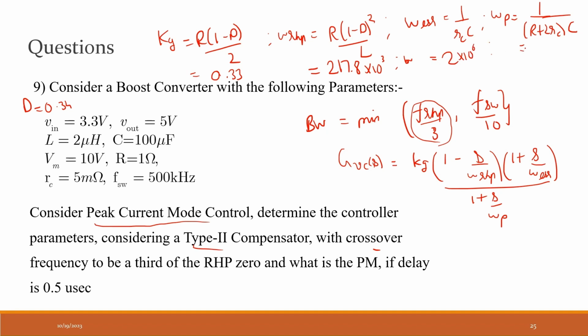And omega P is, so there's a mistake. Omega P is 2 upon R plus 2 R C.